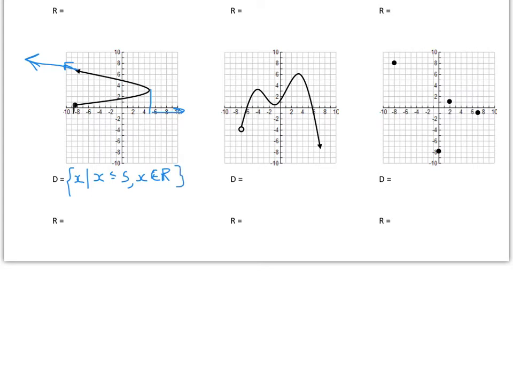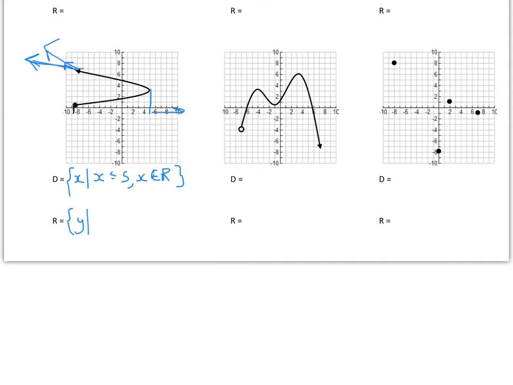Now in terms of range, my y value, that dot looks like it's at about a half. It's hard to read, but let's assume it is. Our range is the set of y such that we have a low value of a half, and then we're going on and on, up and up in this direction.